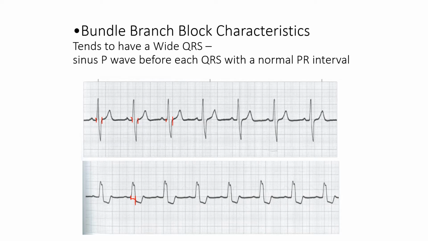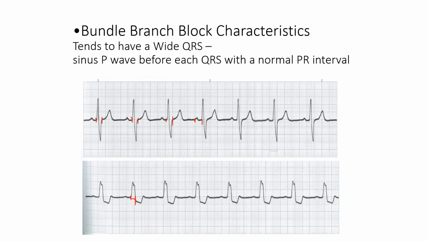You can see in this top rhythm that the R to R is regular. The heart rate is about 60-ish, 70. Let's see, 1, 2, 3, 4, 5, 6. I think it's 65 or so. You have sinus P waves before every QRS. The QRS is 3 to 4 boxes. Your PRI is normal, about 0.16, 4 boxes.